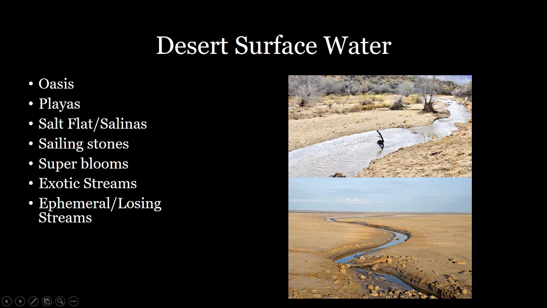Eventually, the whole river will dry up, and you'll have an ephemeral stream. Ephemeral meaning not long lasting, and so these streams are only flowing when you have rainwater flowing directly into them, and they dry up from time to time.